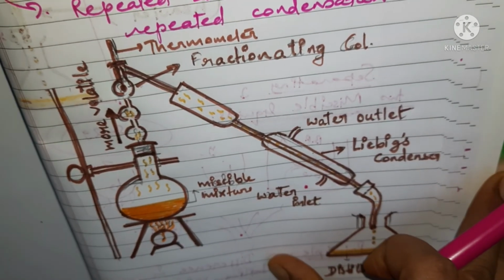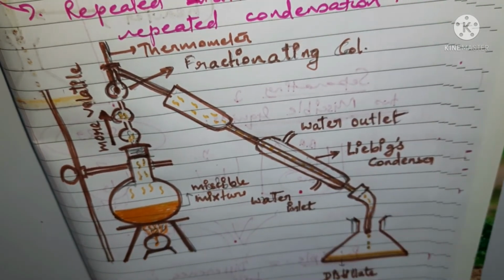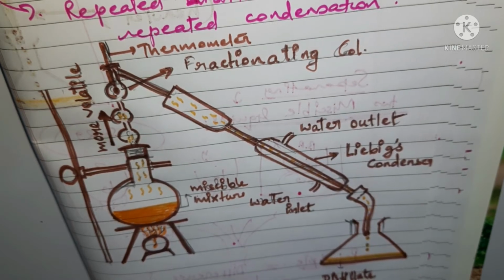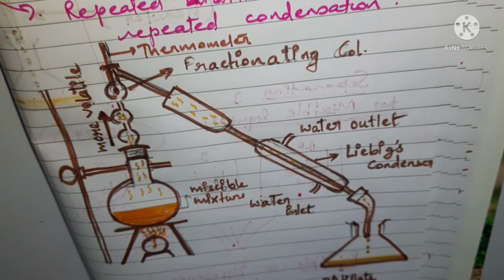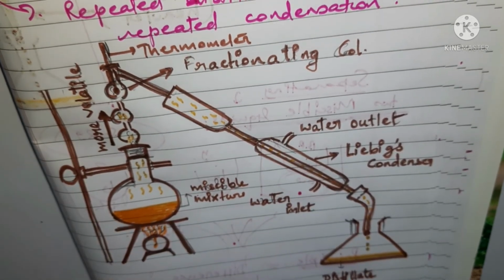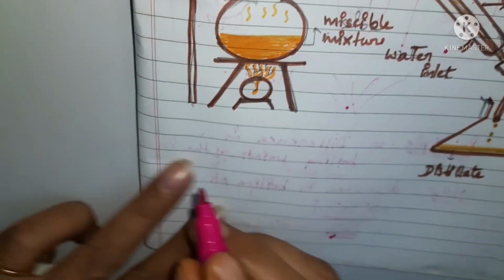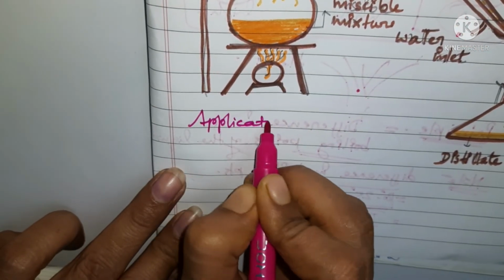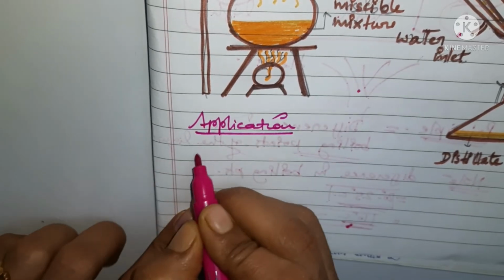Now, what are the applications of fractional distillation? See, this process is used in many cases. It is used for the purification of water. Let me write also so that you will come to know what the applications are.